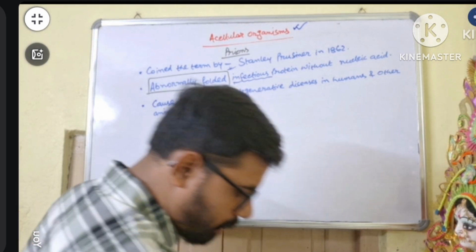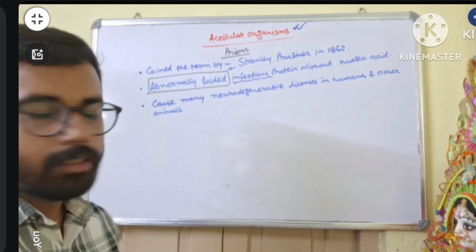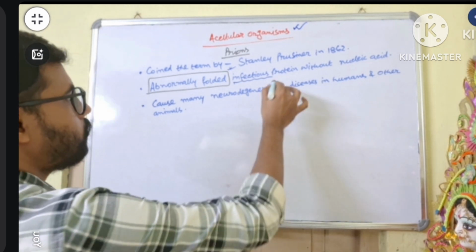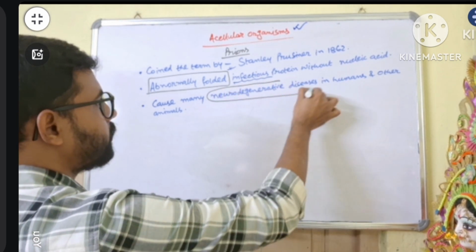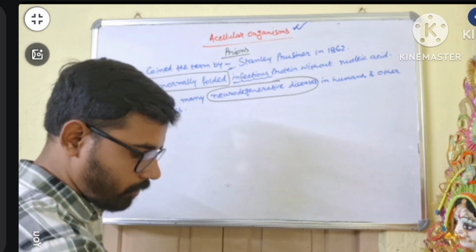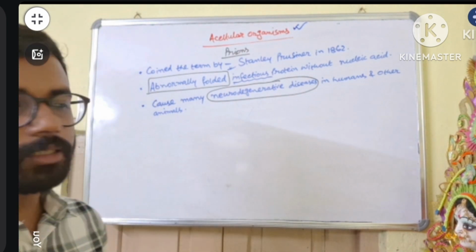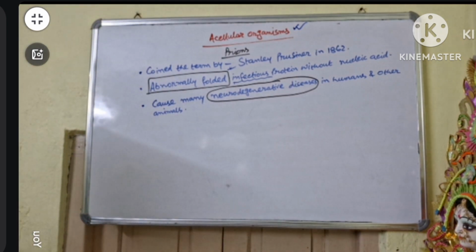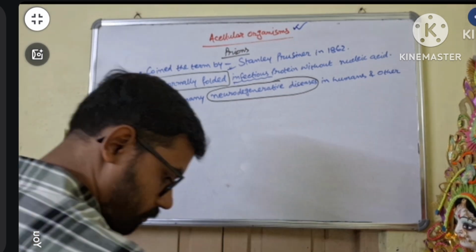Prions basically cause one type of disease, only neurodegenerative disease, meaning neurological symptoms or disorders. All symptoms are of neurological disease. Clear?